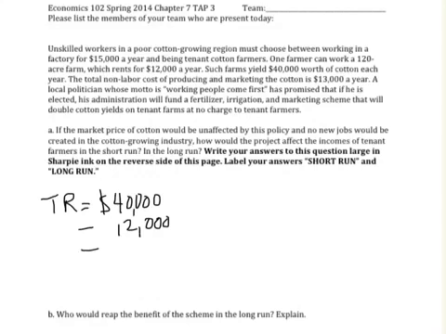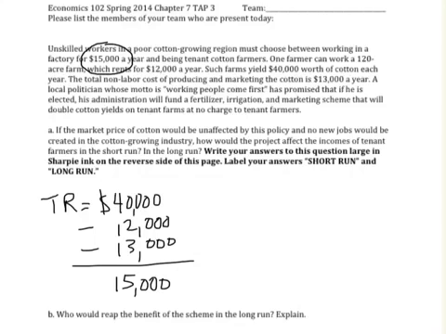But they also have to buy seed and other stuff, and that costs them $13,000 a year. And if you look, it's no accident. The initial starting point is where tenant farmers make exactly $15,000 a year, because if they didn't, we wouldn't have an initial equilibrium, and there'd be other things going on.